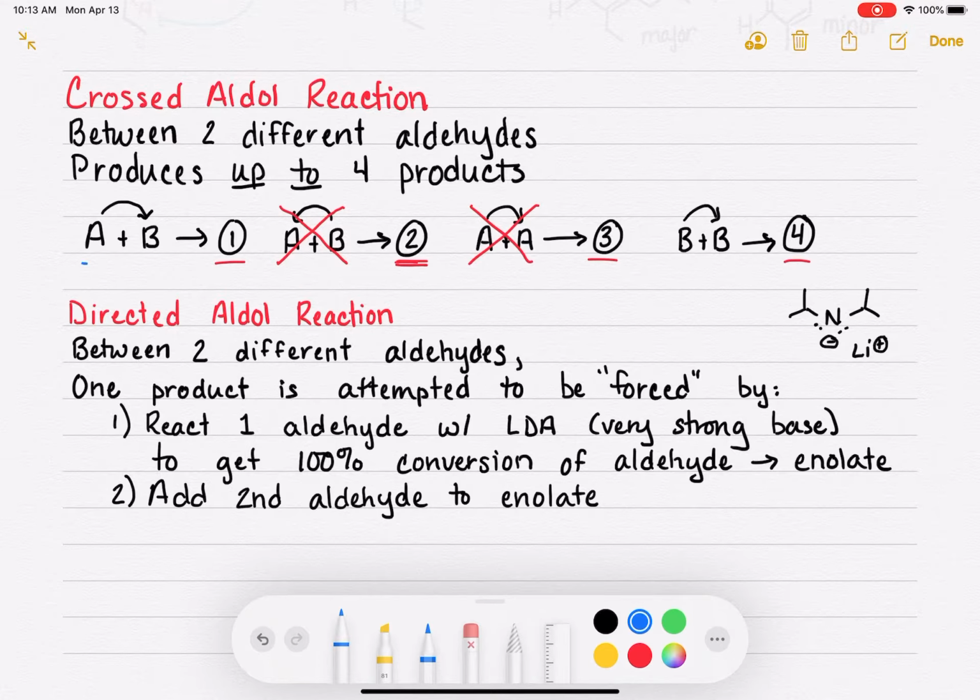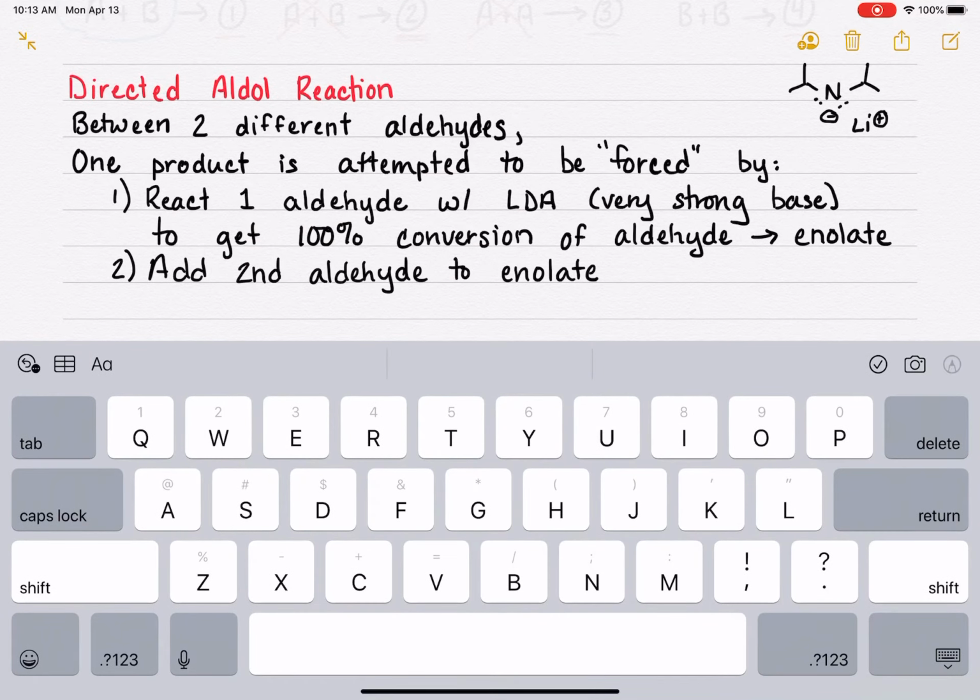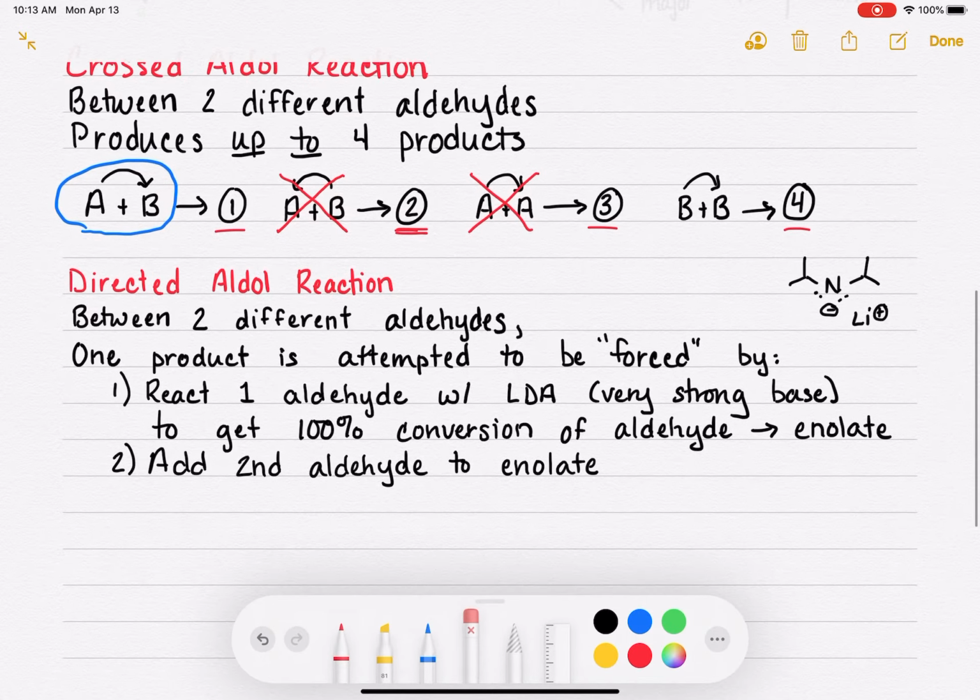The hope is that A is just going to get really busy attacking B, and that's all that's going to happen. And the B molecules are not going to have the time to convert themselves to an enolate and attack each other. So this reaction is just becoming very unlikely. So that is how, in theory, this is supposed to work. And it actually works pretty well.